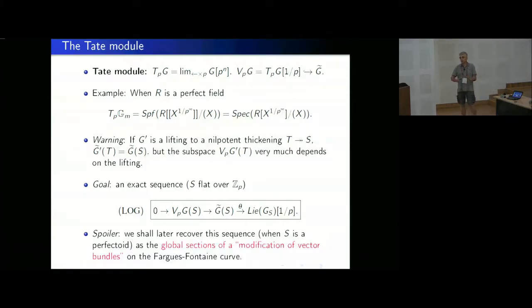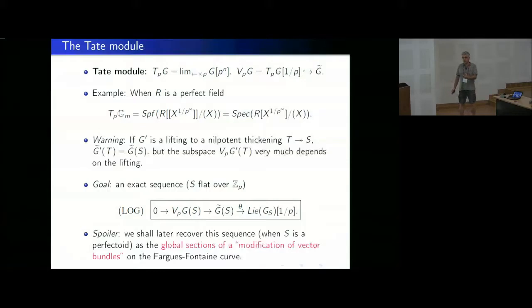So there's always this game where you define things first over rings in which p is nilpotent, then you go via inverse limits to p-adic rings which are flat over Z_p, which have no torsion, and then you invert p. Only then you can invert p, so only then you can talk about logarithms, as you all know.